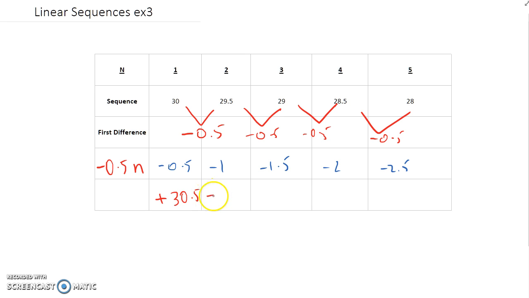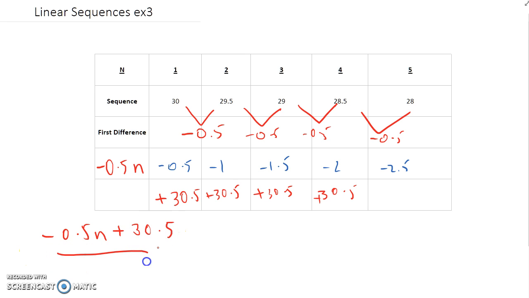That will give us plus 30.5. Next one will be plus 30.5. Next one is plus 30.5. So you can probably already guess what the rule is going to be. We're going to say the rule is minus 0.5n plus 30.5. So again, good habits, check.